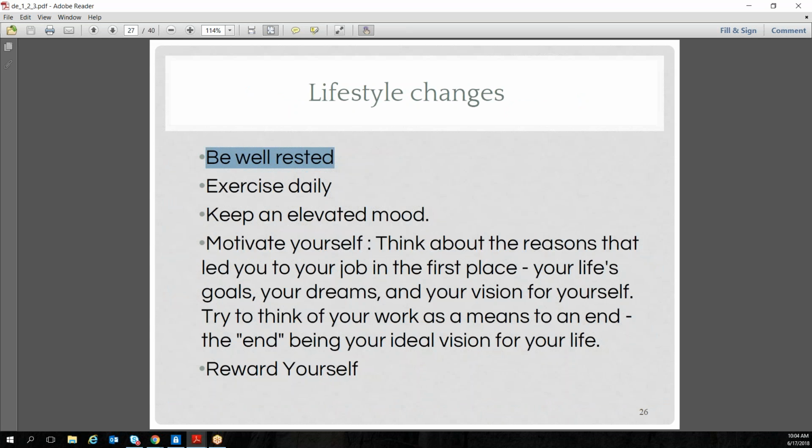Now my question to you guys is, if we are fully rested, how will we be more effective at the workplace?